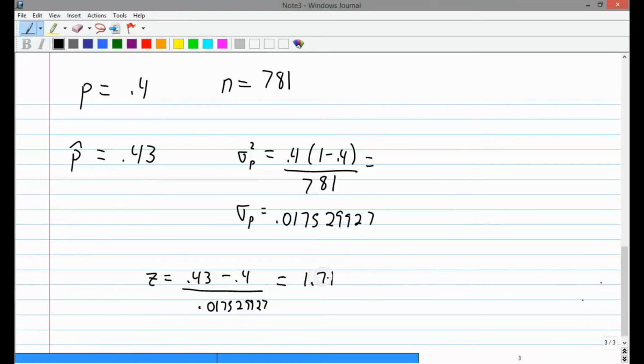When you look this up in the z-score chart, it's going to give you the cumulative area from left to right. And we wanted to know less than 43%. So that's what we actually want. So when we look that up, that's our answer. 0.9564.